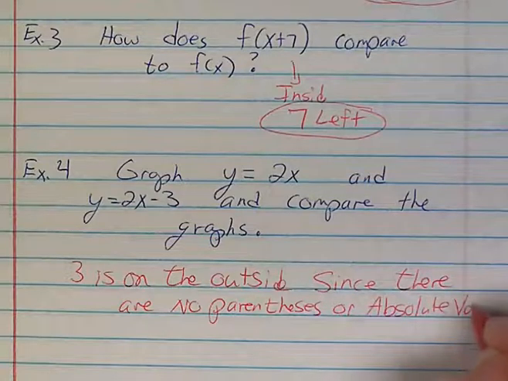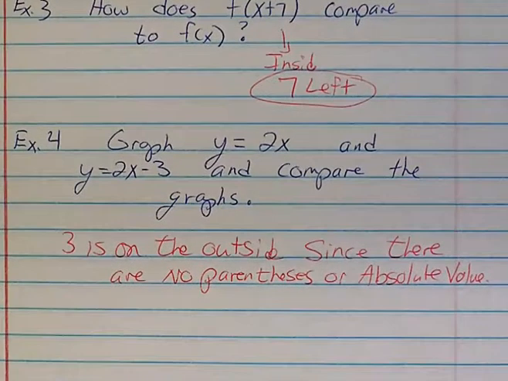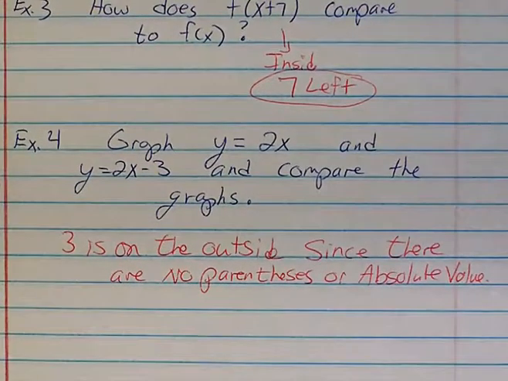So if you don't have a parentheses and you don't have an absolute value, then there's nothing you can put on the inside of it. If you don't have a car, you can't leave your phone inside your car that you don't have. So if you don't have parentheses, you don't have an absolute value, then it has to be on the outside of whatever you're doing.